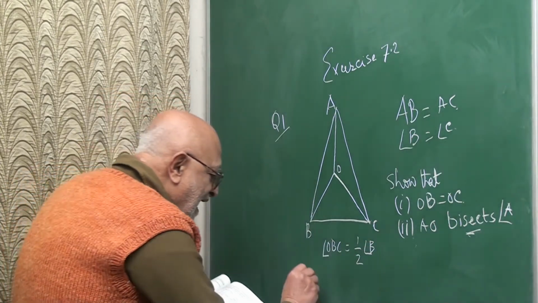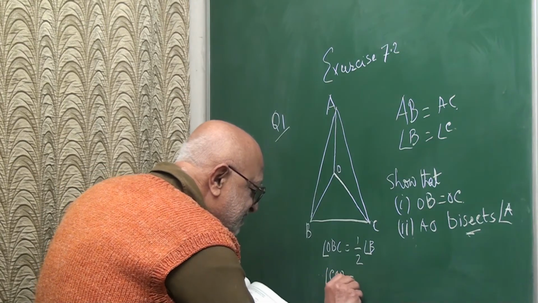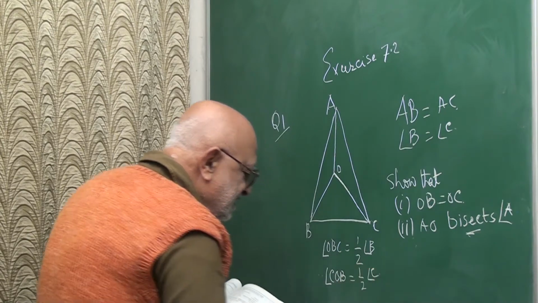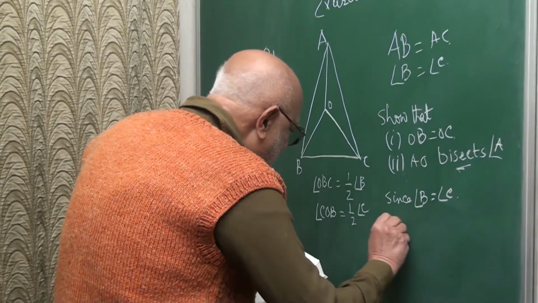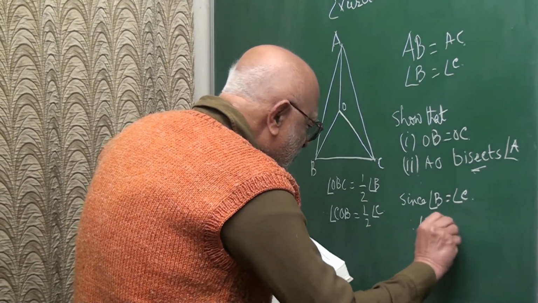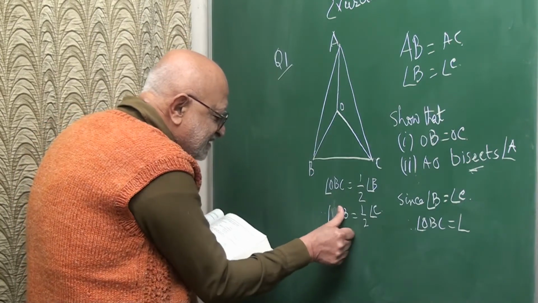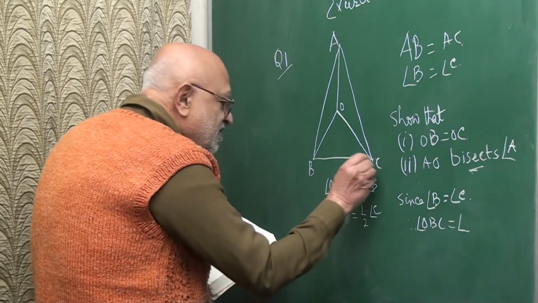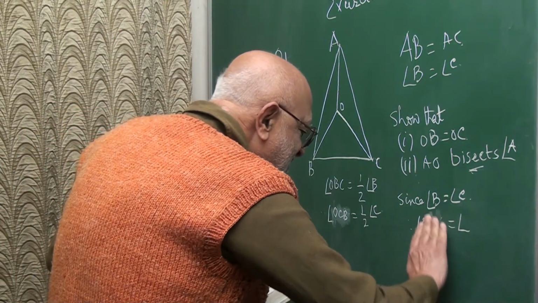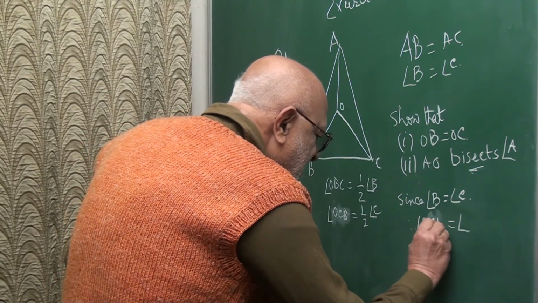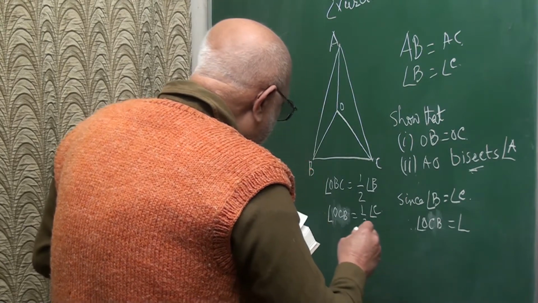Similarly, angle COB, I mean angle OCB, is equal to half of angle C. Since angle B equals angle C, therefore angle OCB would be equal to angle OBC.